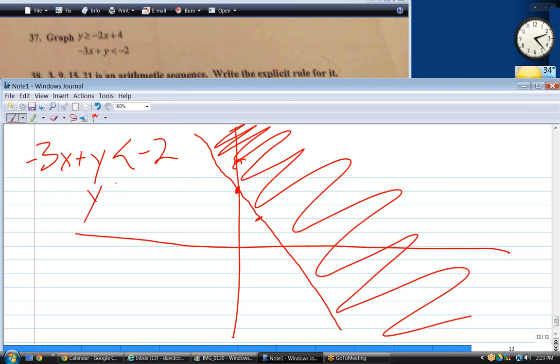So it's y less than plus 3x minus 2. How do I graph that? Start at negative 2. Slope. You go up 3 over 1 to the left. What kind of slope is that? That's a positive.